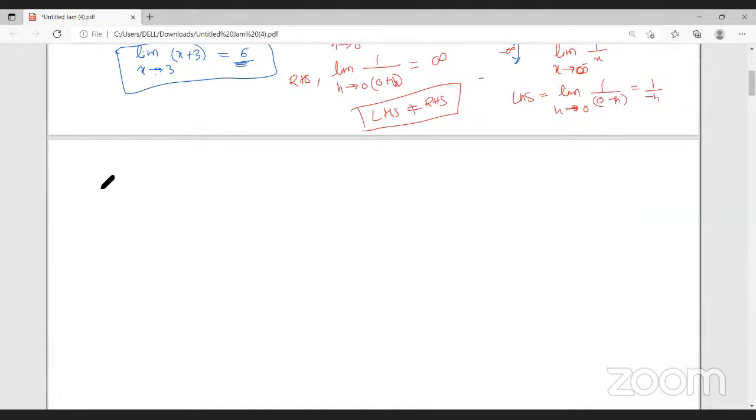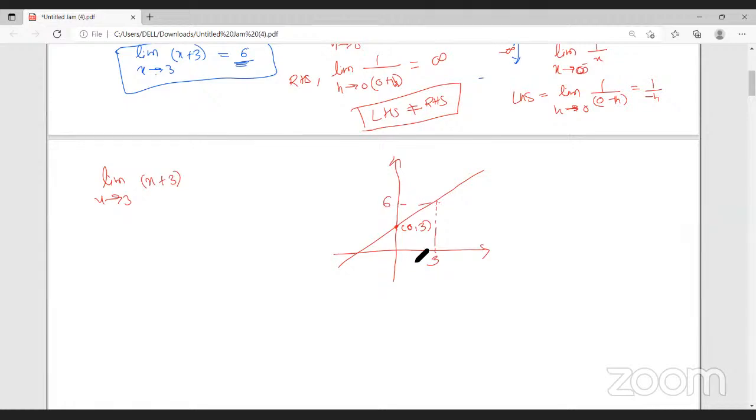So I'm writing this here: limit x tends to 3, x plus 3. What will the graph of the line look like here? Like this, right? This will be 0, 3, and here the value is 6, right?